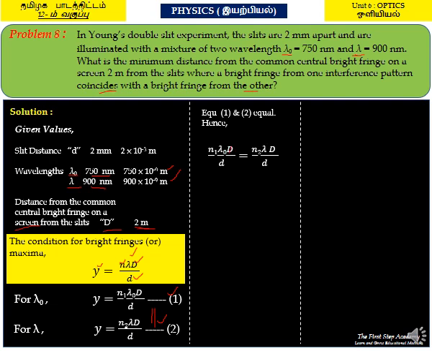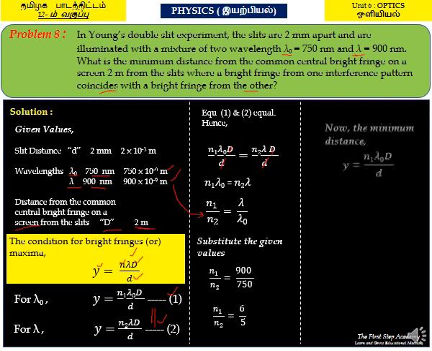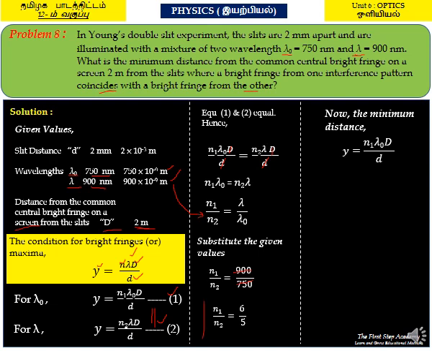Now capital D and small d will cancel. We will get n1 lambda naught is equal to n2 lambda. Now n1 by n2 is equal to lambda divided by lambda naught. Now substitute the given values in this equation. n1 by n2 is equal to 900 by 750, and when we cancel the common factor, we get n1 by n2 as 6 by 5.